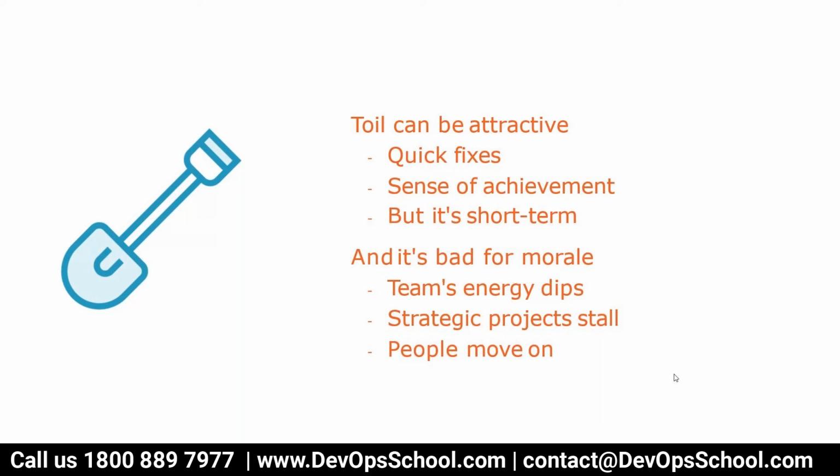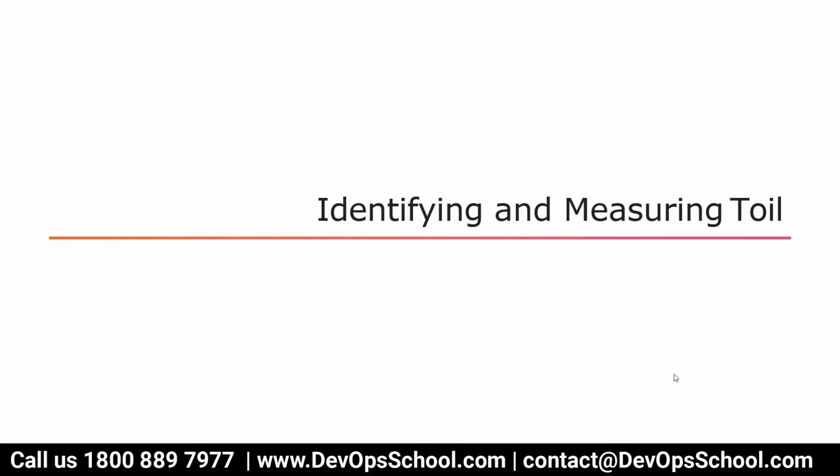So toil can be attractive in that way, but only in the short term. But if you automate every toil, sometimes it's bad for team morale too. If you have automated everything, your team's energy dips, strategic projects stall, and people move on to find different challenging projects. So again, pros and cons are there, depending on what you want.